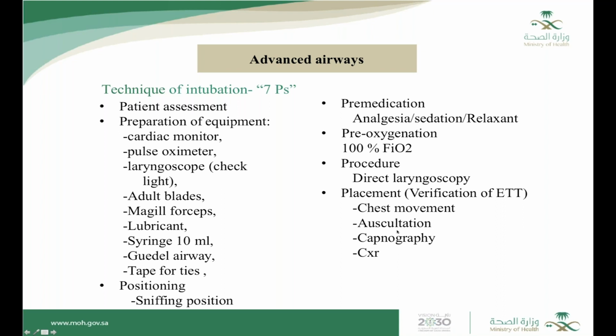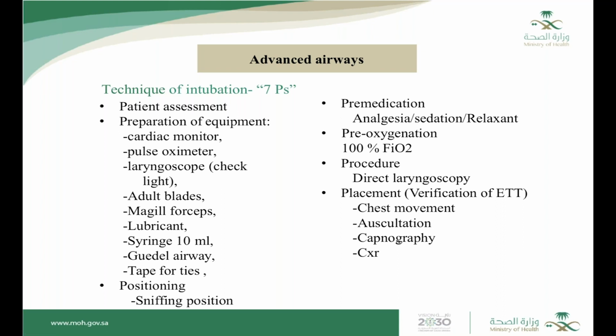When we place the ET tube, the things that we need to do are auscultation, hearing the breath sounds, looking at the chest movement, capnography, the CO2 detector, and the chest X-ray. If you are not familiar with the CO2 detector, basically when we intubate the patient, we will ambubag them, right?